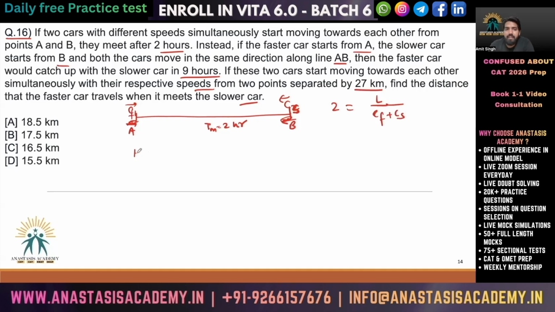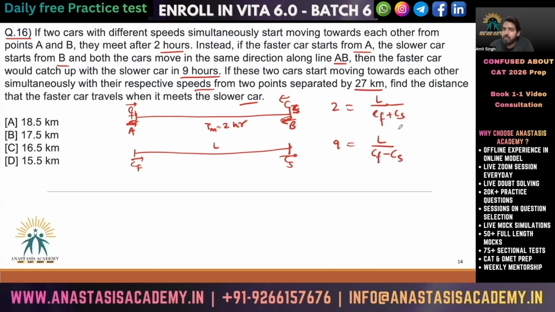Now, when they move in the same direction, faster and slower both going in this direction, the time taken in meeting would be 9 hours. So that would be the initial distance upon the relative speed of these cars, that is, car faster minus car slower, right?